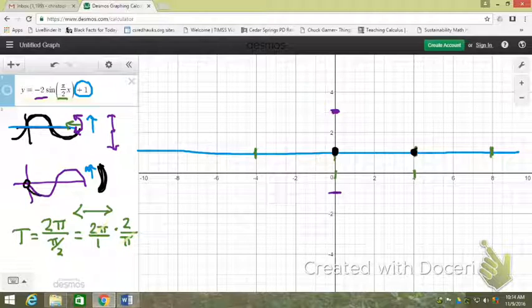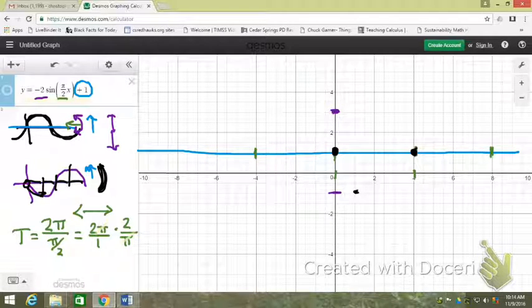I know that sine's going to be going down first, so I'm going to hit a minimum first. There's my divisions, quarters: 1 quarter, 2 quarters, 3 quarters, 4 quarters. So a quarter of the way through, that'd be 1, it's going to be down at a minimum, down there-ish.